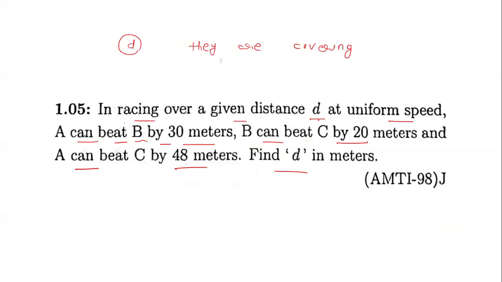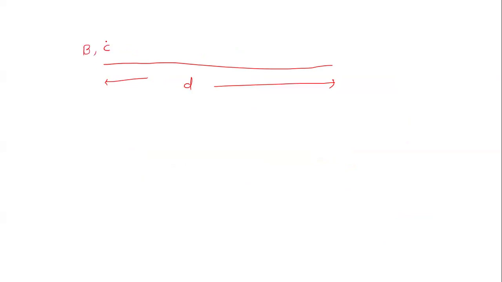Second, it is given that B can beat C by 20 meters. Now this is the D distance, and B and C are running. Let's suppose B covers this D distance in time T1, so T1 is D by B, and in the same time T1, C covers 20 meters less.